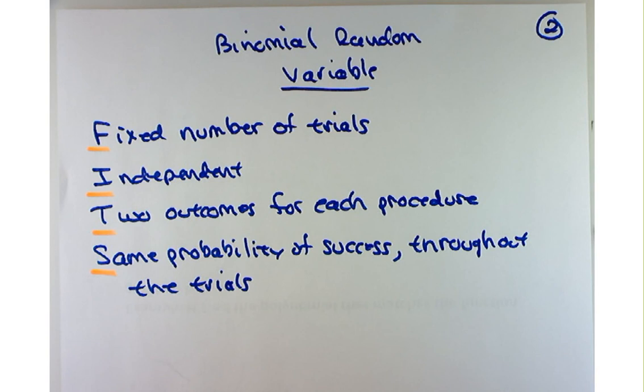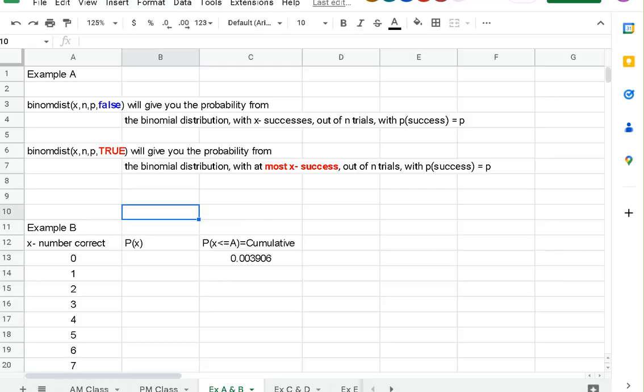Now, if it is a binomial random variable, then we can calculate these probabilities on Google Sheets. So hopefully you've surfed over to the link on D2L and opened up the link for our Google Sheet today. Kind of nicely worked out for us already. Here's your command for binomial random variables.